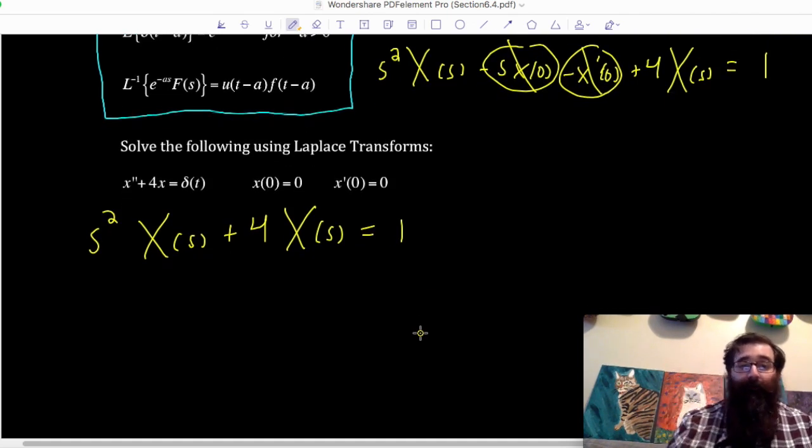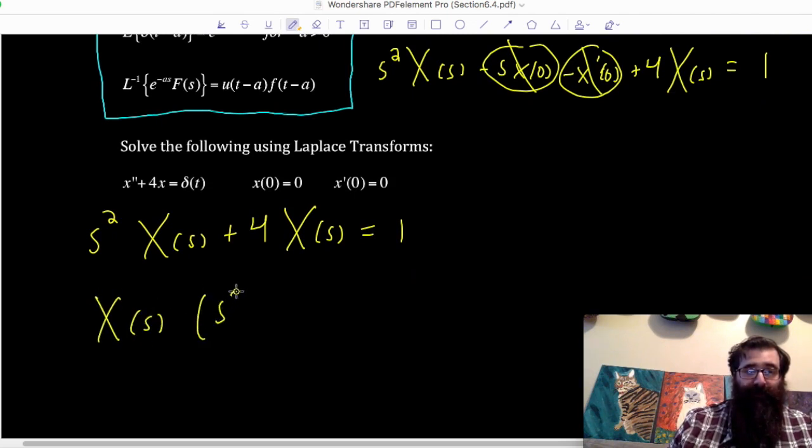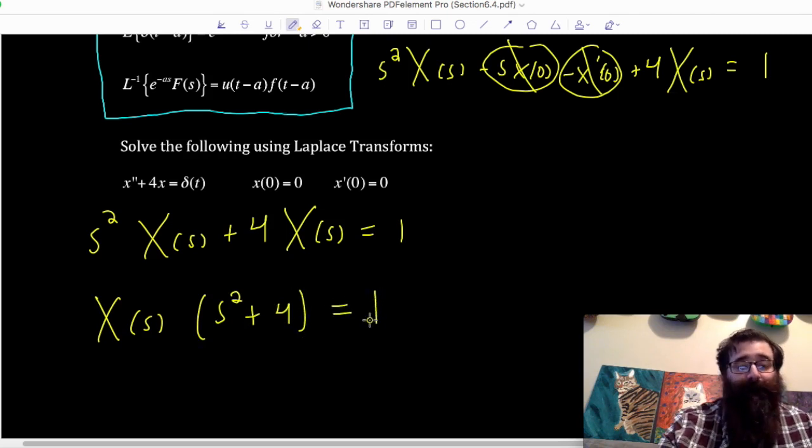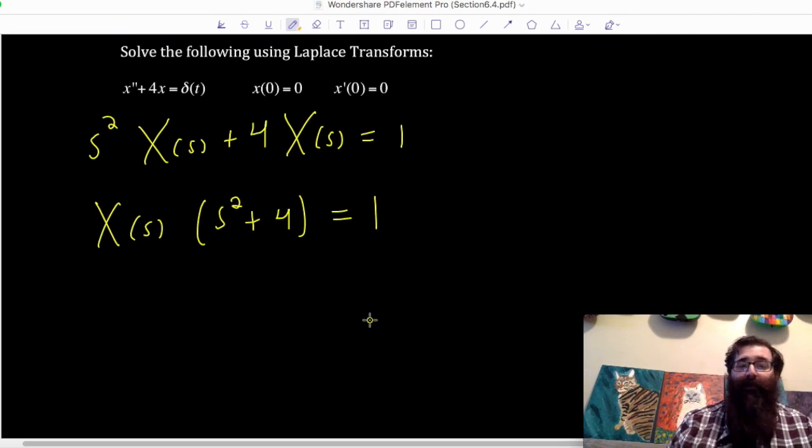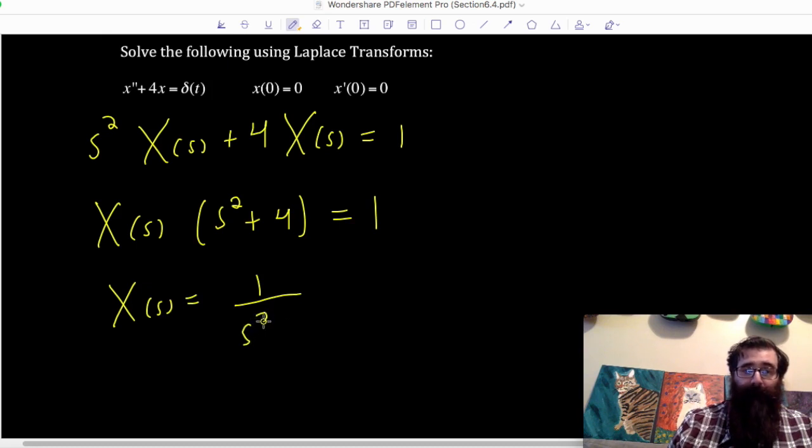And then I can solve for this capital X of s. So we'd factor it out: X of s times s squared plus 4 equals 1. And then we can divide. So capital X of s is equal to 1 over s squared plus 4.